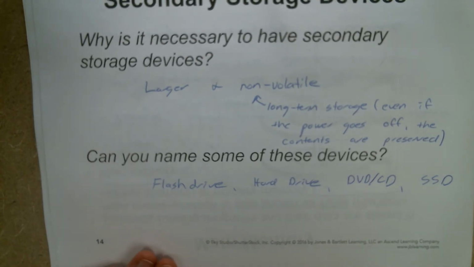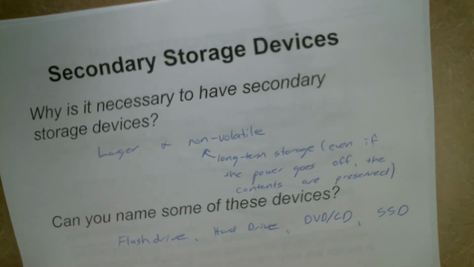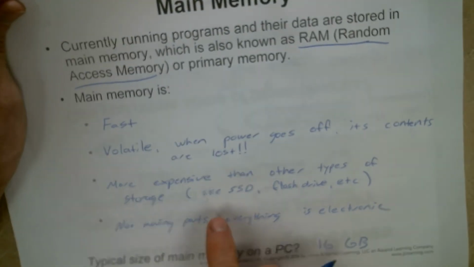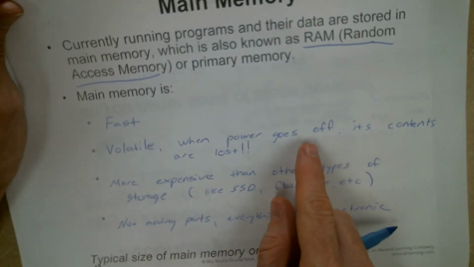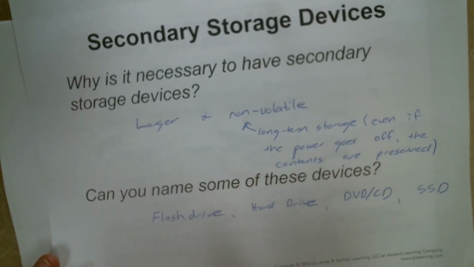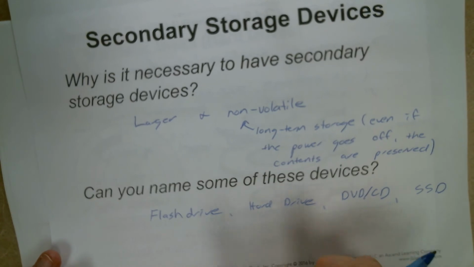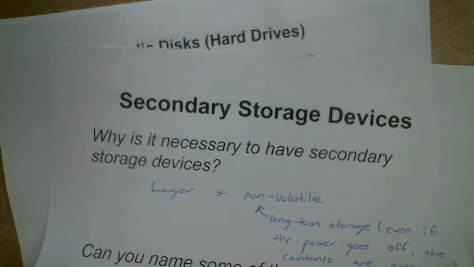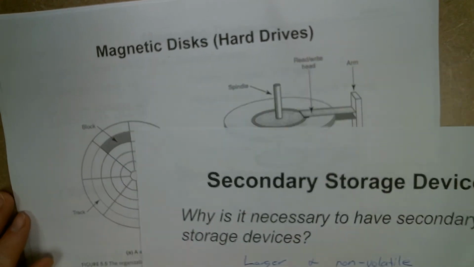Again, secondary storage devices. So we've got main memory, which is our RAM. It's a lot faster, but it disappears when the power goes off. And we've got secondary storage, which is a lot larger. We're going to see that it's slower, but it does maintain things even when the power is removed, which is obviously a pretty important trait.